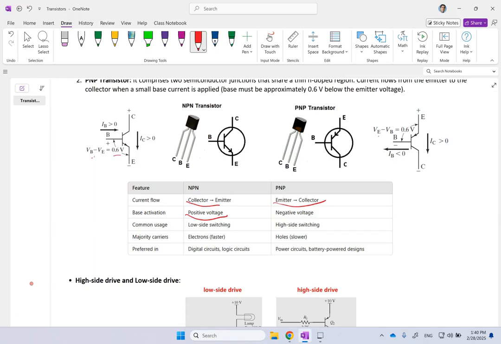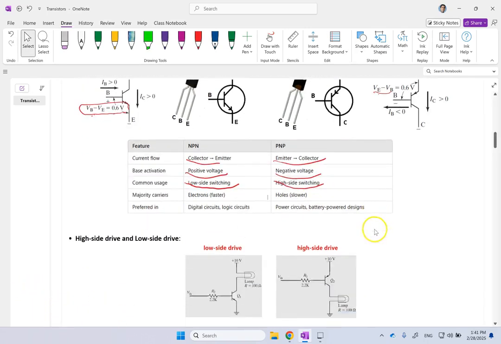You see that base has to be bigger than the emitter, positive voltage. So your switch mid-wire should be bigger than where you're sending the current to. In here, it's negative. E is bigger than B. Another thing is they say NPN is used for low side switching or low side drive. This PNP is used for high side switching or high side drive.